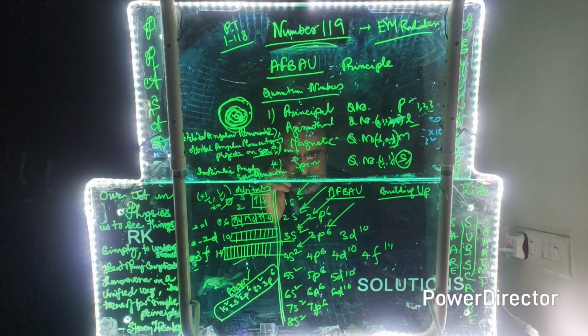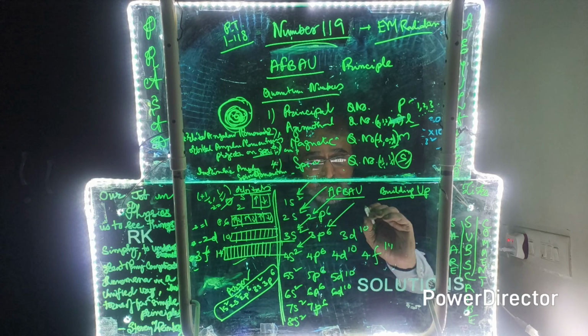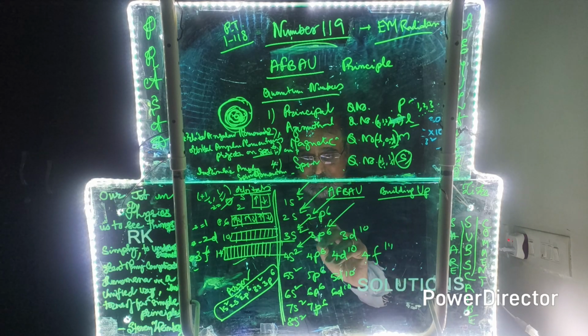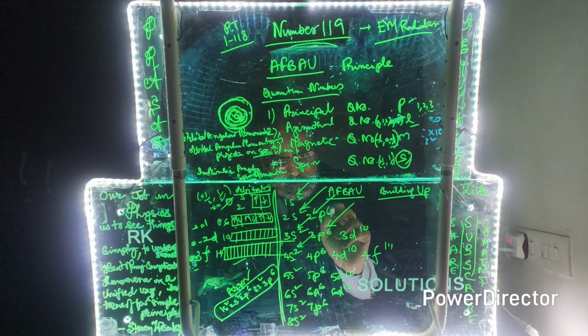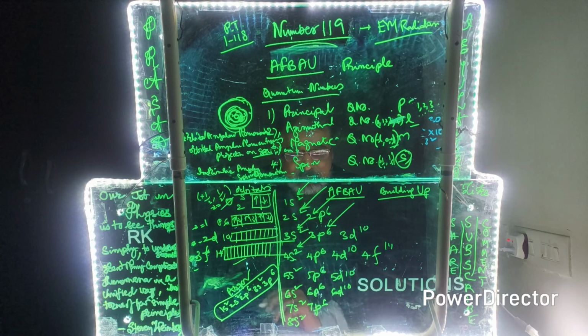And then what happens is, when we take one more example, now when we come here, after 4s2, argon was till 3p6.